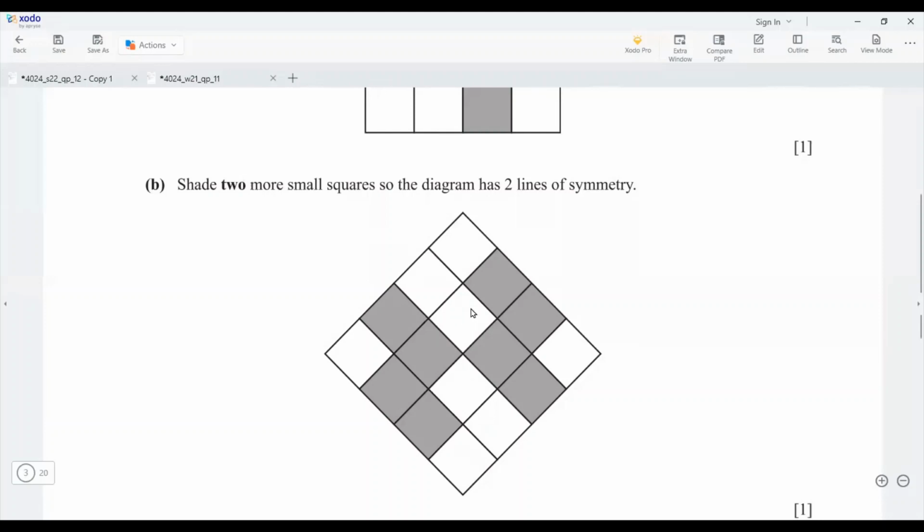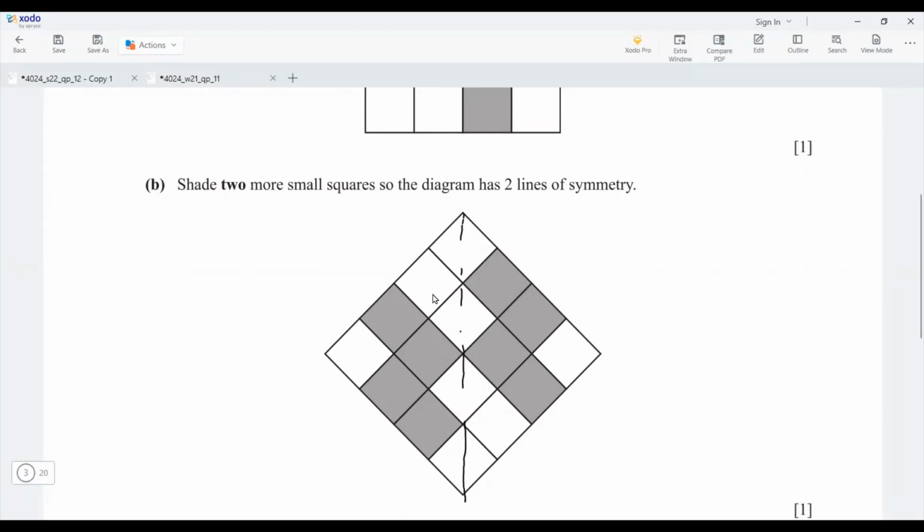So you can check by drawing different lines. If you draw this line, I'm going to check whether it will be having symmetry on the left hand side and right hand side. First of all, drawing a simple line of symmetry, and then we can check.